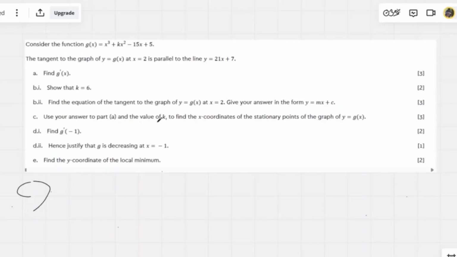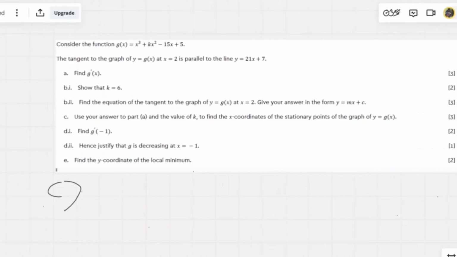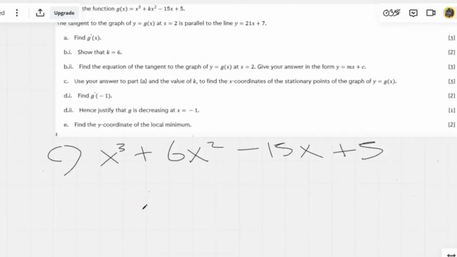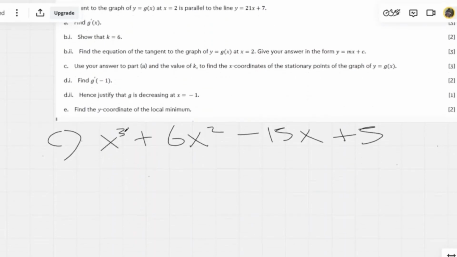On to the next part of the question. Use your answer to part A and the value of k. Find the x coordinates of the stationary points of the graph of y equals g of x. Since k equals 6, we put it back into g of x. x to the power of 3 plus 6x squared minus 15x plus 5.